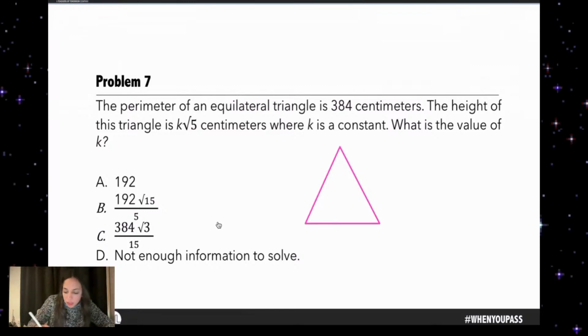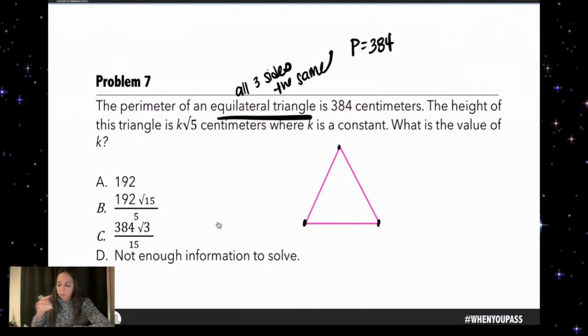The perimeter is 384, so the distance around all 3 sides is 384. Equilateral means all 3 sides are the same. The height is k square roots of 5, where k is a constant. What is the value of k?